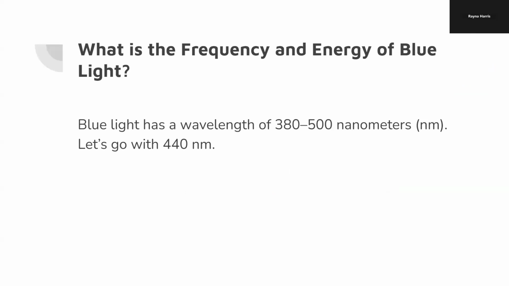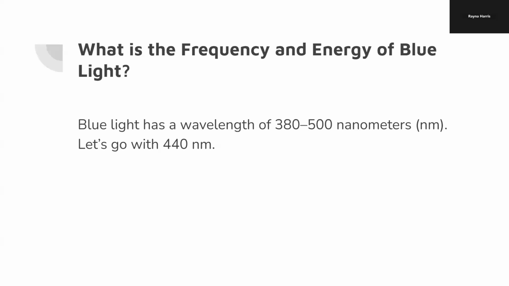So we'll do one practice together. What is the frequency and energy of blue light? You need to solve for frequency and energy. That's a key that you're going to need two equations, because with one equation, if you have two missing variables, you can't solve for both of them.